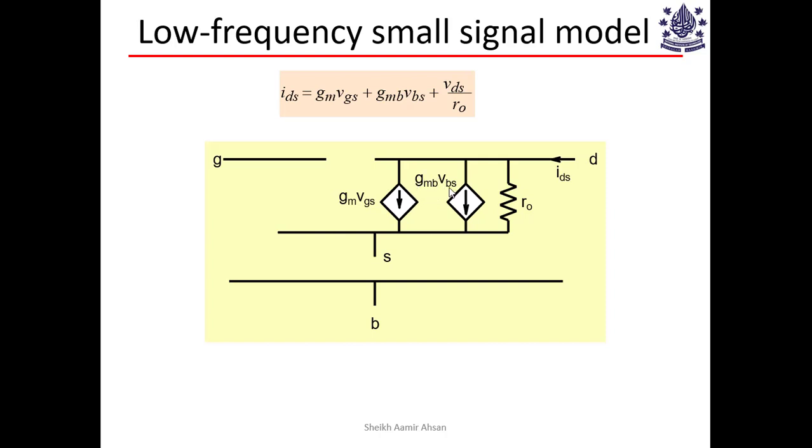GMB VBS. VBS is the small signal voltage applied here. And then R naught, the output conductance, goes between the drain and the source. So the summation of all of these quantities gives us the overall small signal current. This is a pretty balanced, complete picture of the small signal MOSFET model.